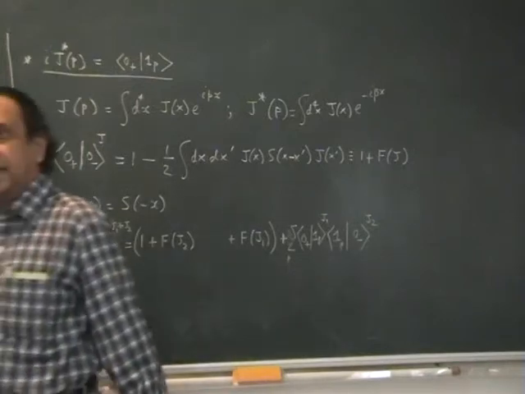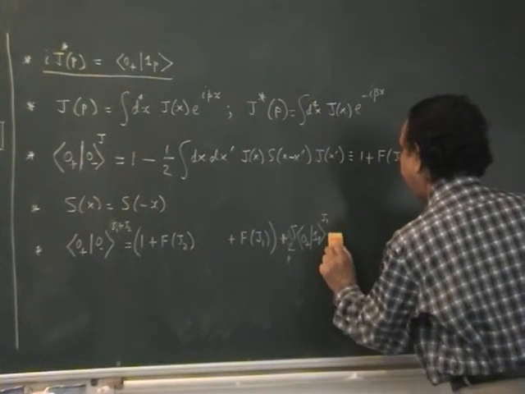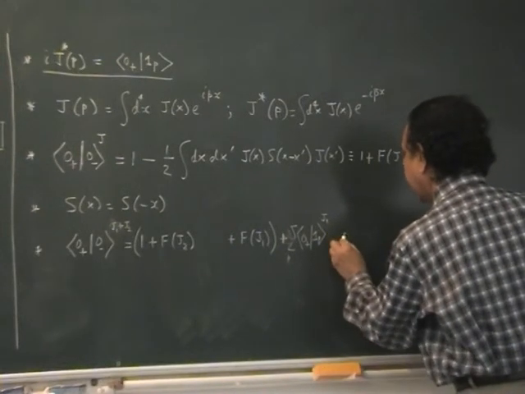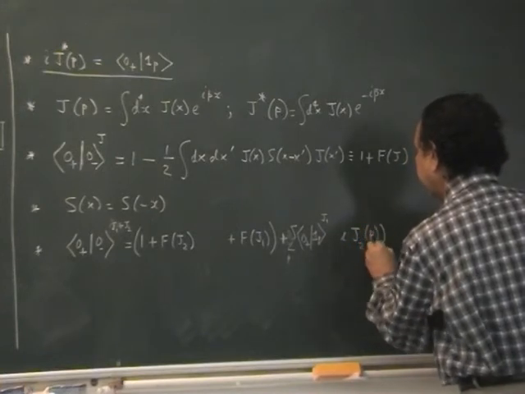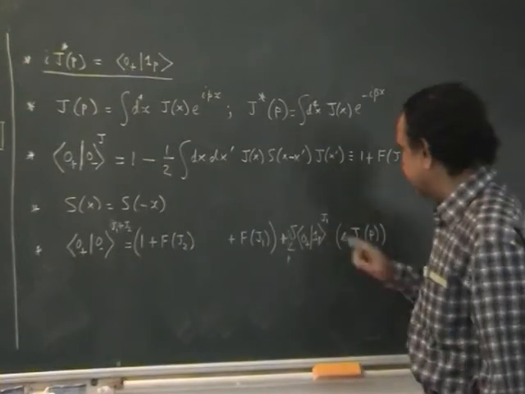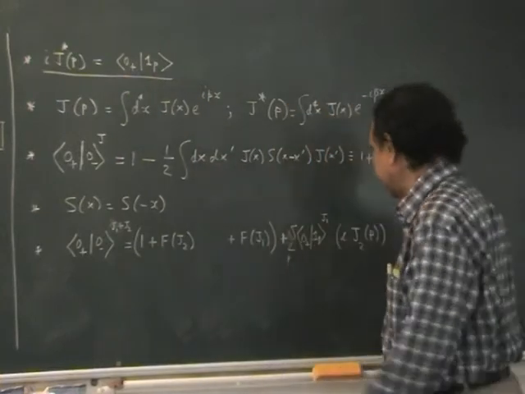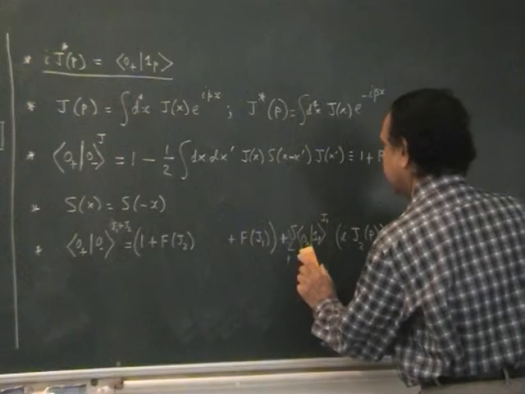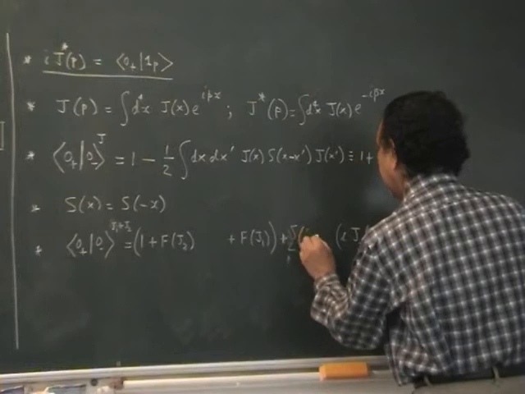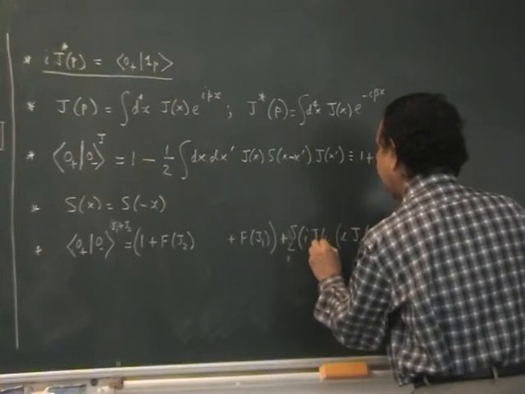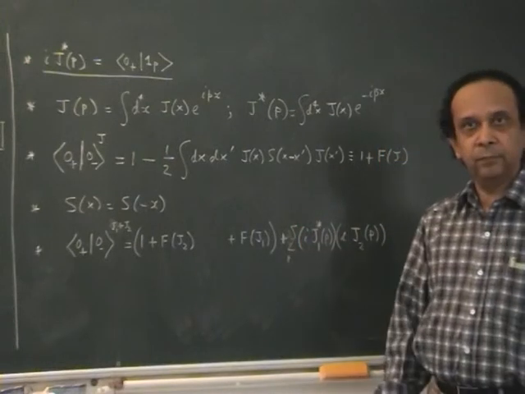That is denoted by i times J2 of p. Then this is the next one which we have written down here. This to this. That is i times J1 star of p. This is what we have. Okay.